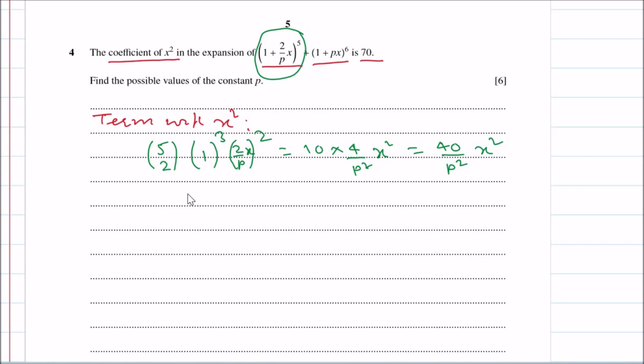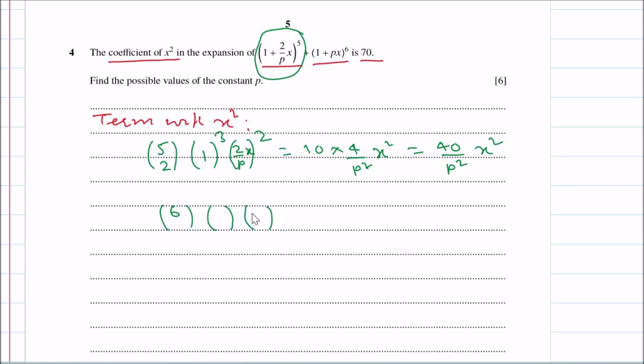Okay. Now in the second binomial, (1 plus px) to the power 6. Again we'll put the three brackets. The power n value is 6, so put 6 here, and we have to bring a square.